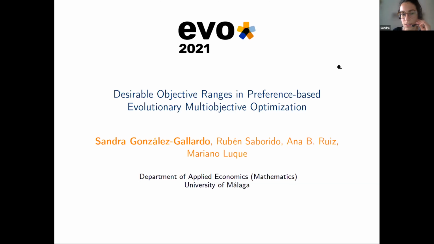Sorry, I don't understand you. So the algorithm needs two reference points, an aspiration point and a reservation point that are the desirable ranges given by the decision maker. But the decision maker not necessarily knows the Pareto optimal front of the algorithm before solving the problem. Yes, exactly.